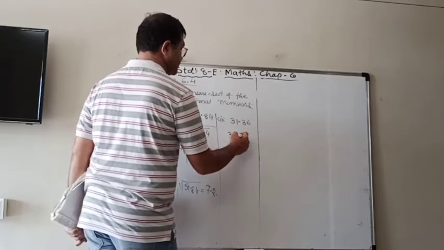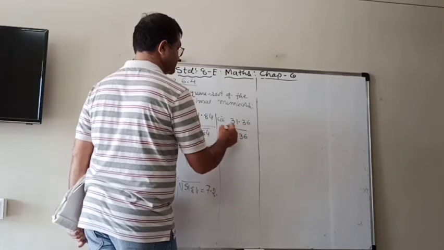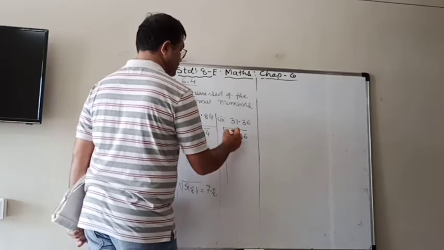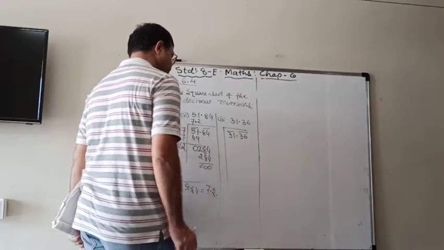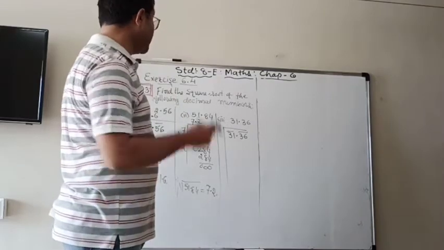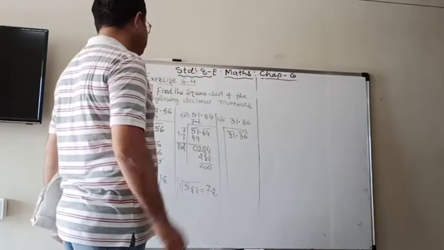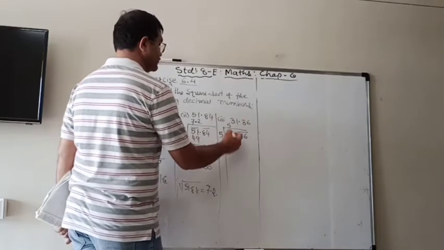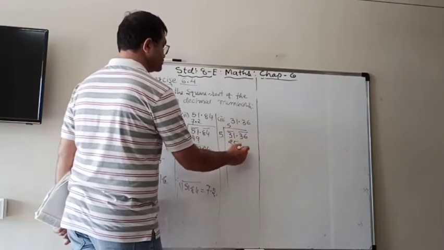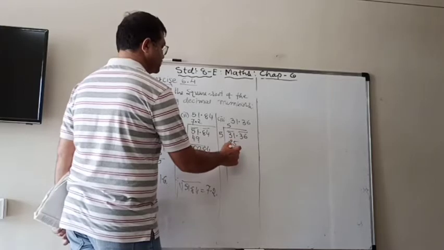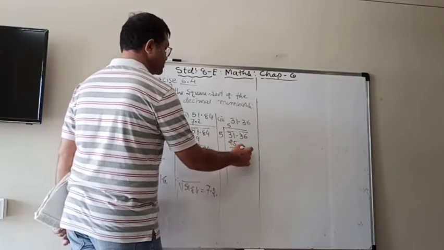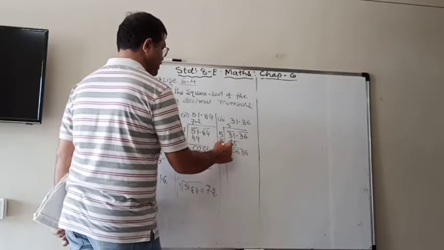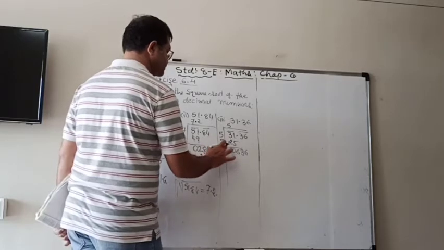So 31.36. We make two pairs here. Now 6 sixes are 36 will be more, so 5 fives are 25. So 6 and then 36 will be down. 5 plus 5 will be 10.